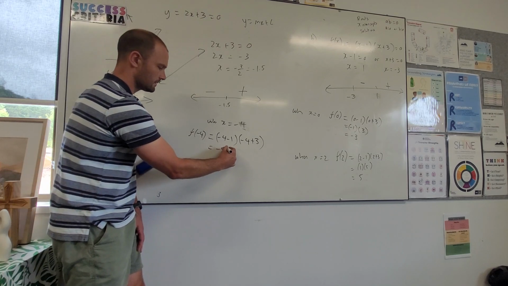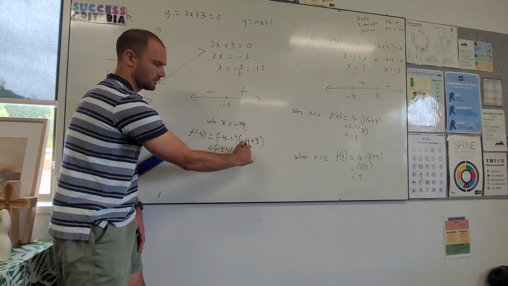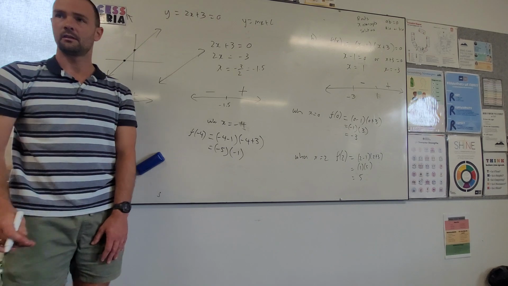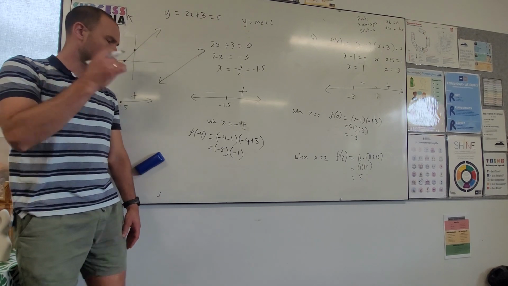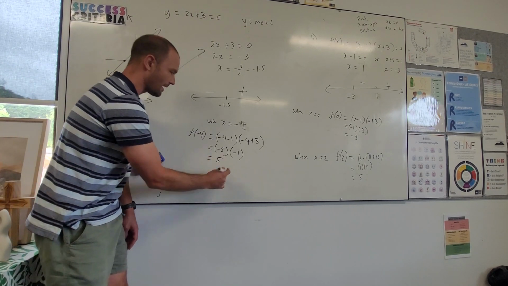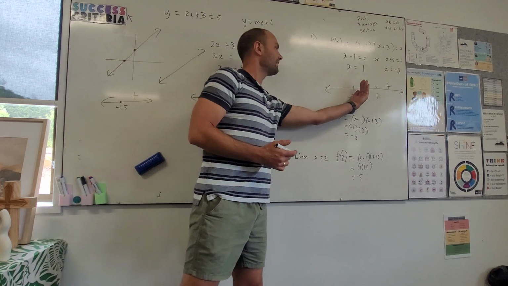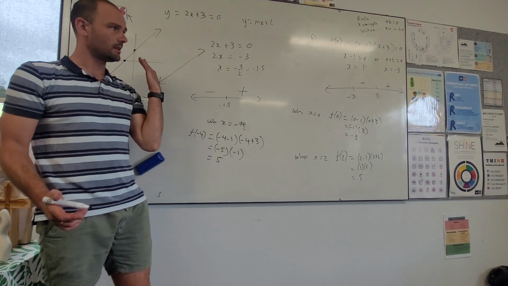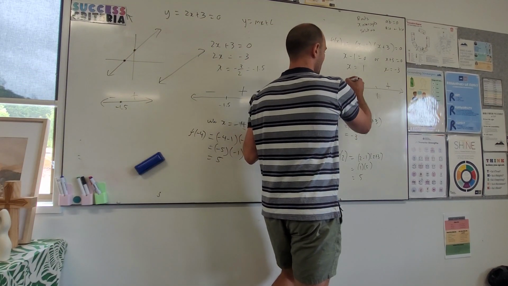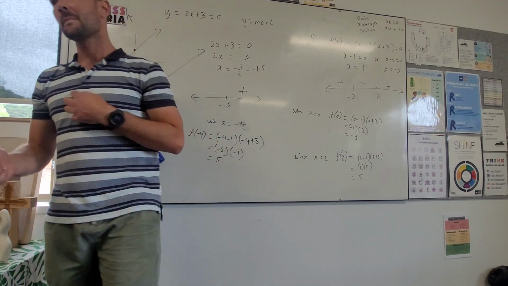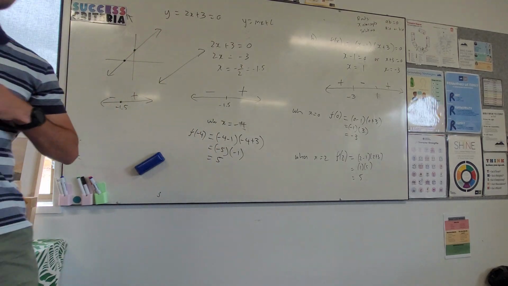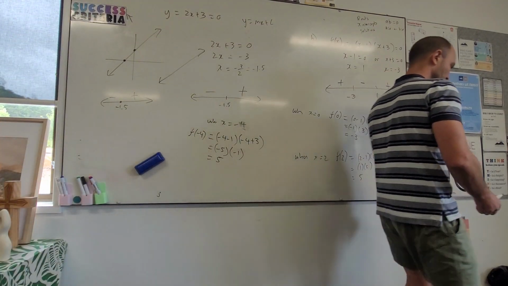Minus 5 times minus 1, positive 5. When we put a number in that's left of minus 3, we get a positive number. So that's A and B. We'll still do C. We've got time.